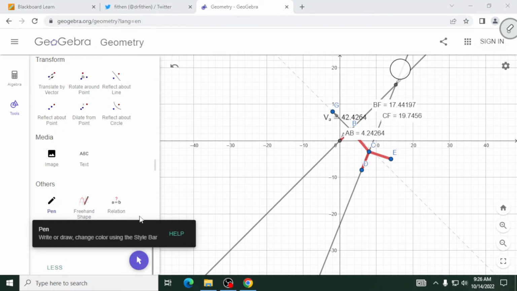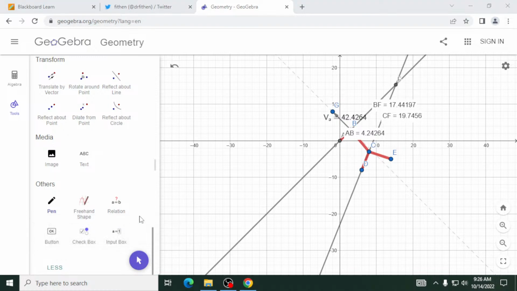So in other words, this is our omega, and the omega BC was equal to 2.4324.